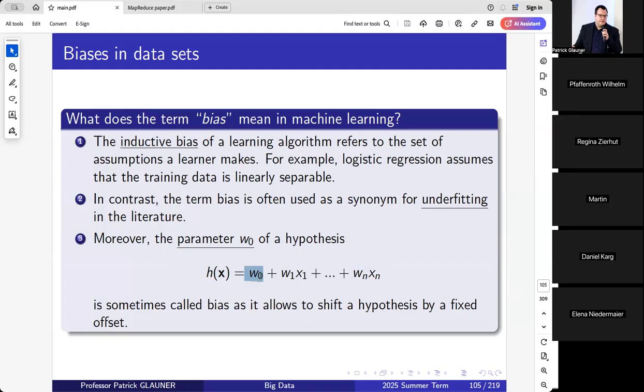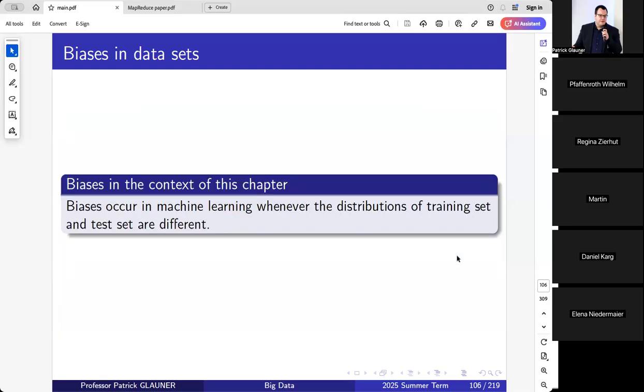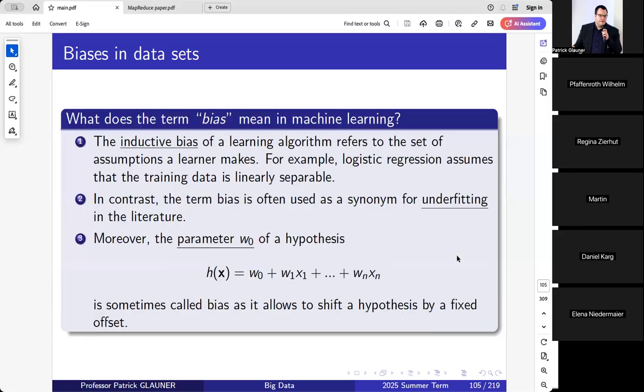Sometimes this y-intercept, W0, which is not multiplied with any of the parameters, is also called a bias. So we see lots of different stuff here means bias. But from now on, when I talk about bias, what I mean is that the distributions of the training set and test set are different. So something different than this one here.